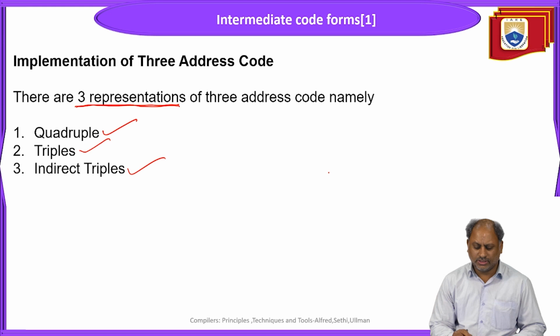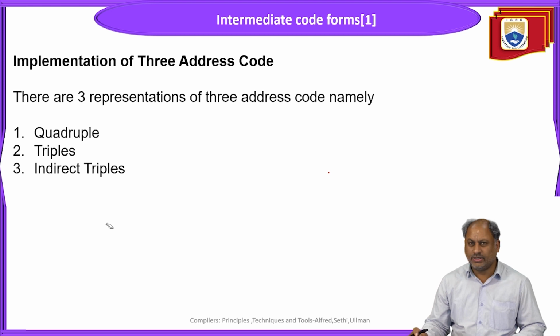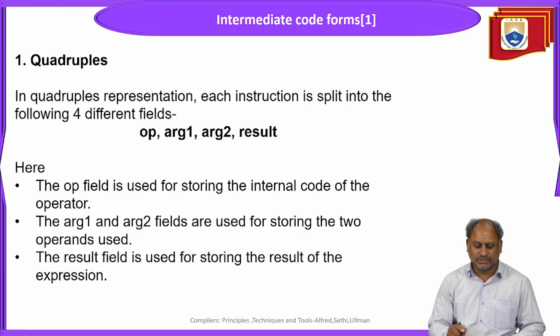These are the three representations of the three address code. Here, the first one is the quadruple representation.